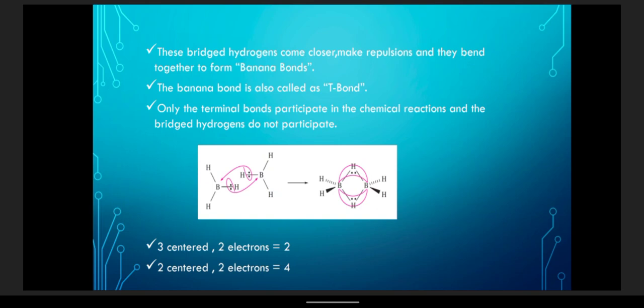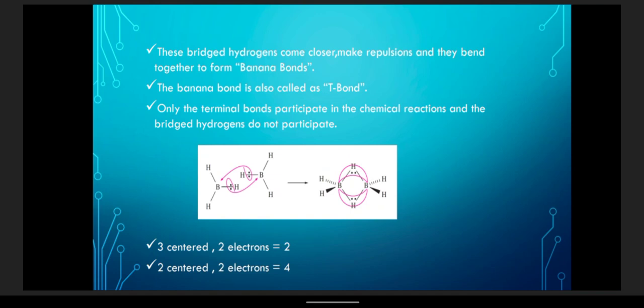These bridged hydrogens come closer and make some repulsions, and they bend together to form the banana bonds. The banana bond is also called the T bond. Only the terminal hydrogens participate in the chemical reactions, whereas the bridged hydrogens cannot participate in the reactions.